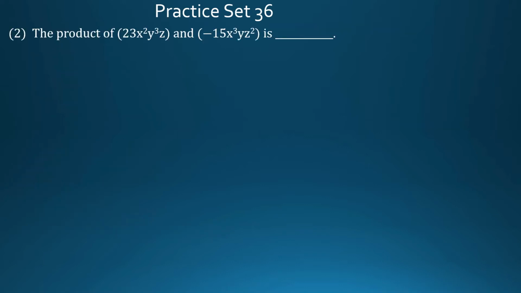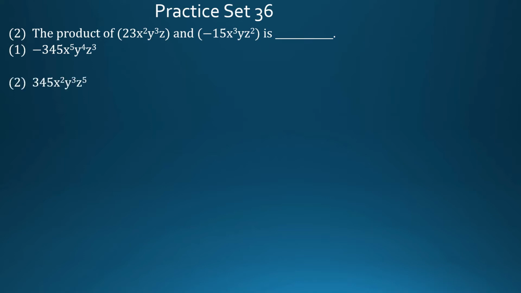Second question. The product of 23x square y cube z and minus 15x cube y z square is dash. So again there are four options given. We have to find out which is the correct option. The first option is minus 345 x raised to 5 y raised to 4 z cube.